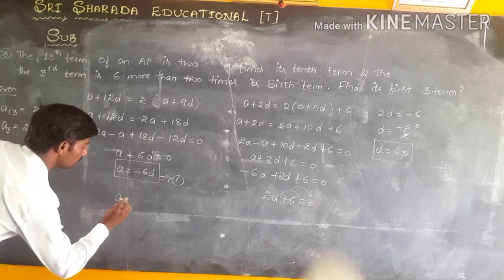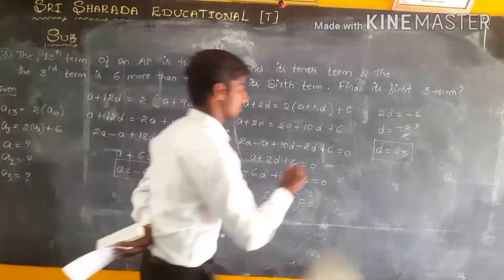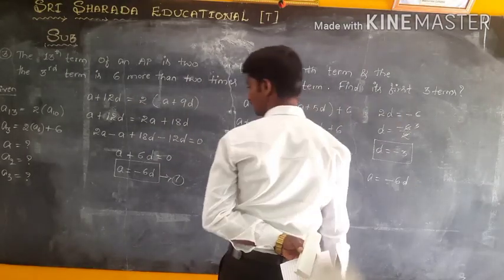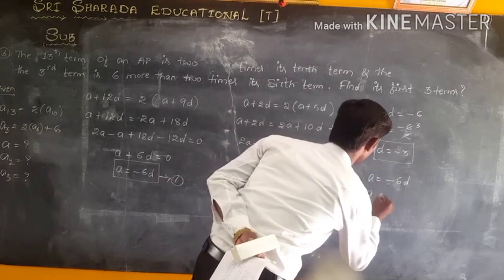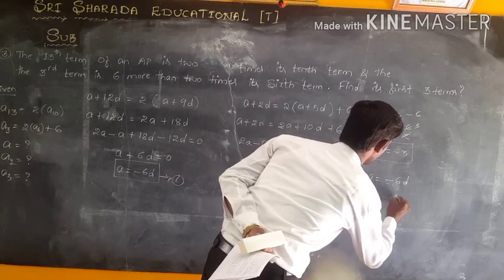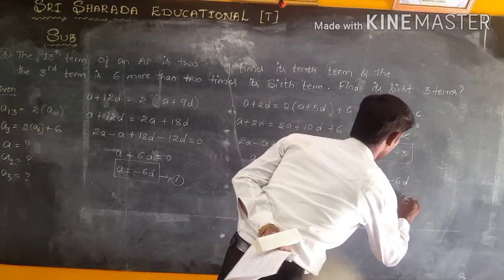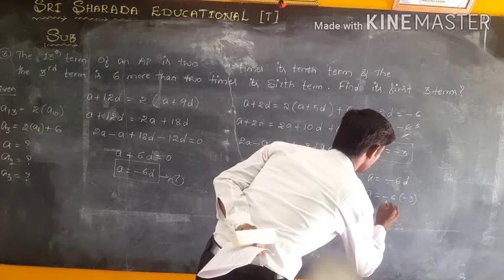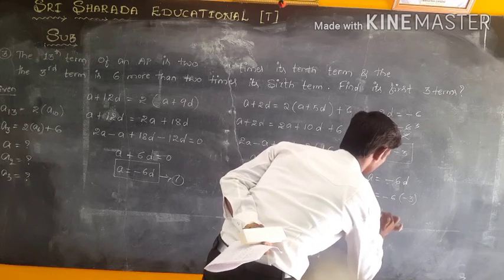A is equal to minus 6D. Is it right? Okay. Now A is equal to minus 6 of minus 3, the D value. So A is equal to minus into minus, it is plus, 6 threes are 18.